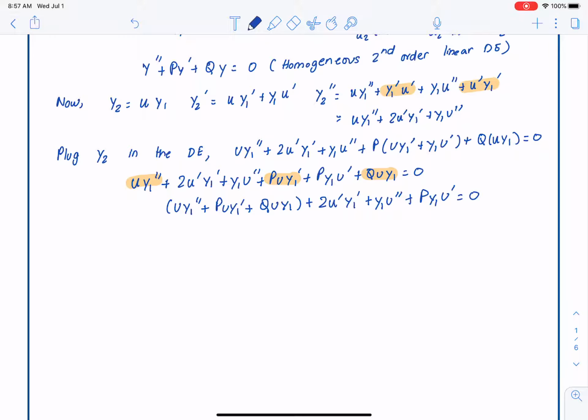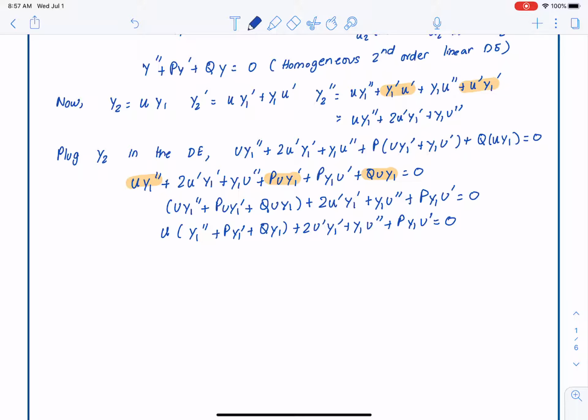Since y1 is a solution, if I pull the u out, I would have u times (y1 double prime plus p y1 prime plus q y1) plus 2u prime y1 prime plus y1 u double prime plus p y1 u prime equals 0.